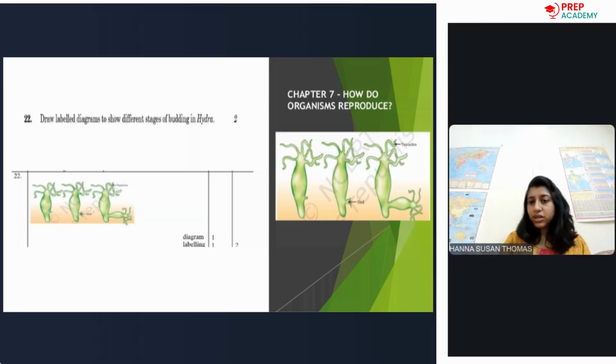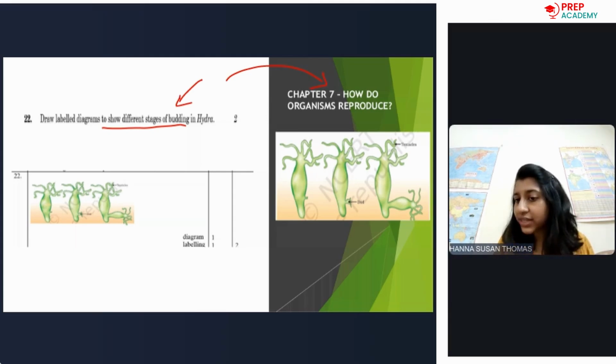So the 22nd question from your set 1: Draw labeled diagrams to show different stages of budding in hydra. First thing first, we have to place this question with respect to the chapter that you have studied. This question is from chapter 7, How do organisms reproduce?